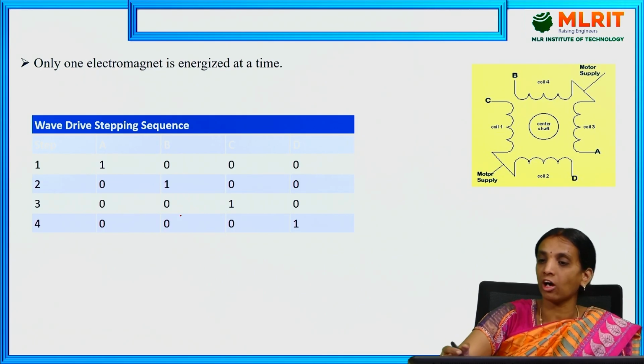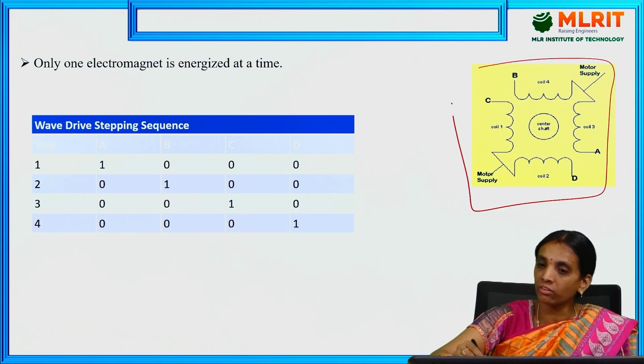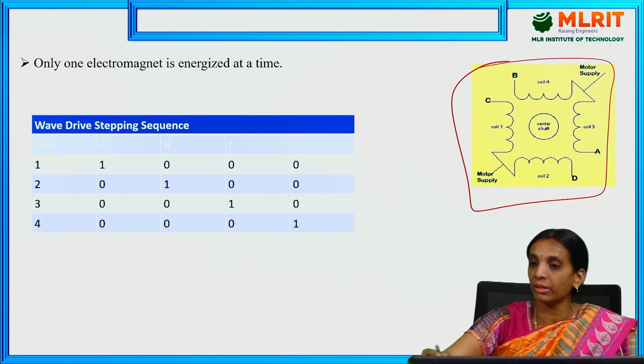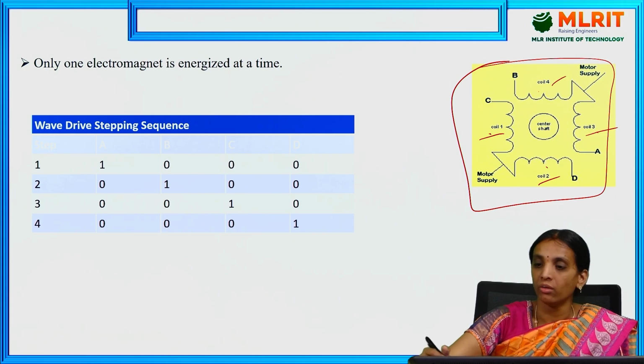This is the basic architecture of the stepper motor, and the operation of the stepper motor can be explained by this diagram. It consists of 4 coils, coil 1, coil 2, coil 3 and coil 4, and each is connected to one terminal.